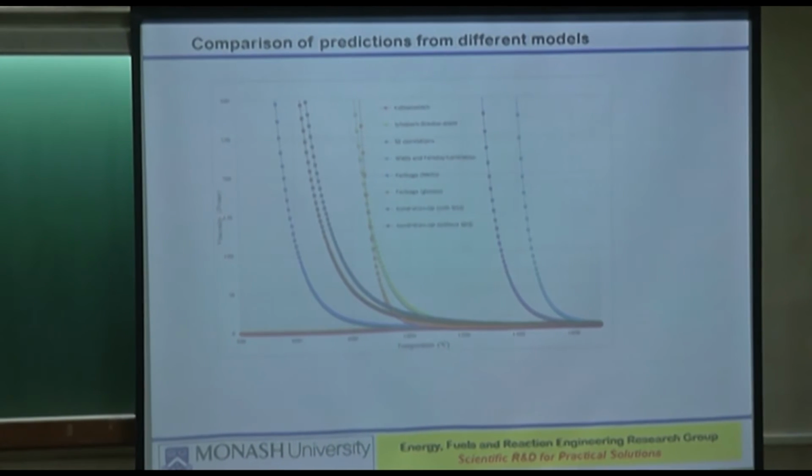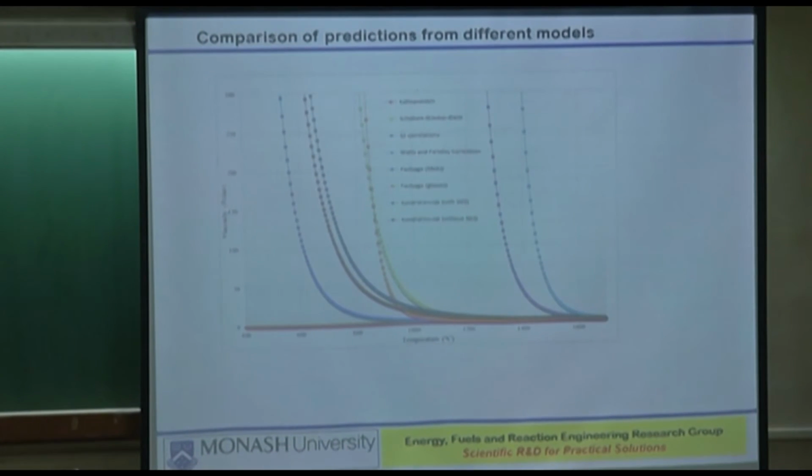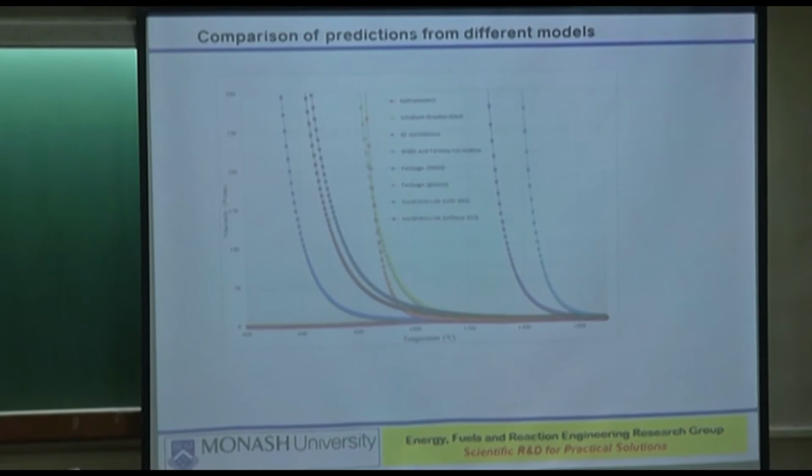There are about 1, 2, 3, 4, 5, 6, 7 different models that have been utilized to predict the viscosity. Very difficult, but so easy. There is no experimental data, so we are not concluding anything.